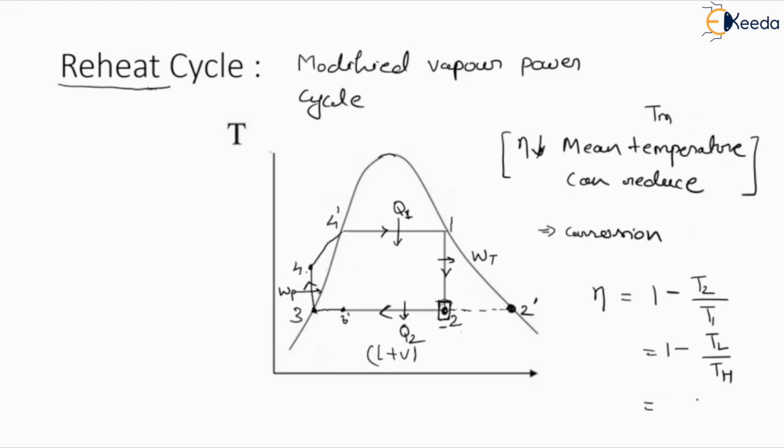If this highest temperature reduces, in that case the efficiency value will also reduce. By this way, we can define the reduction in efficiency. To avoid this problem, we will reheat the steam, or reheat this liquid plus vapor combination, to convert it into the complete vapor form.